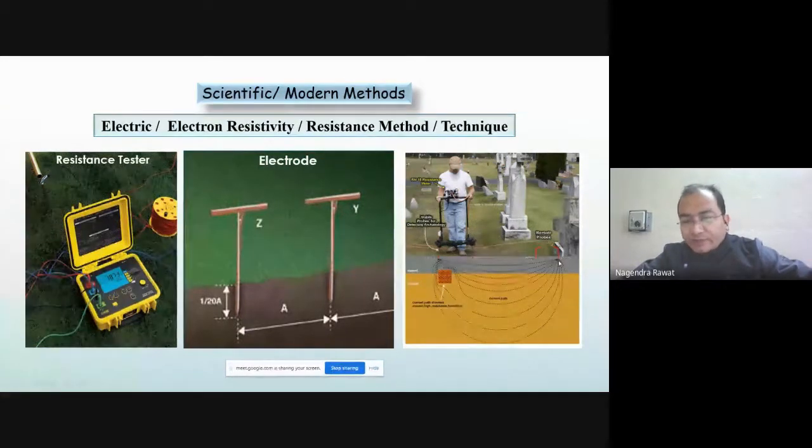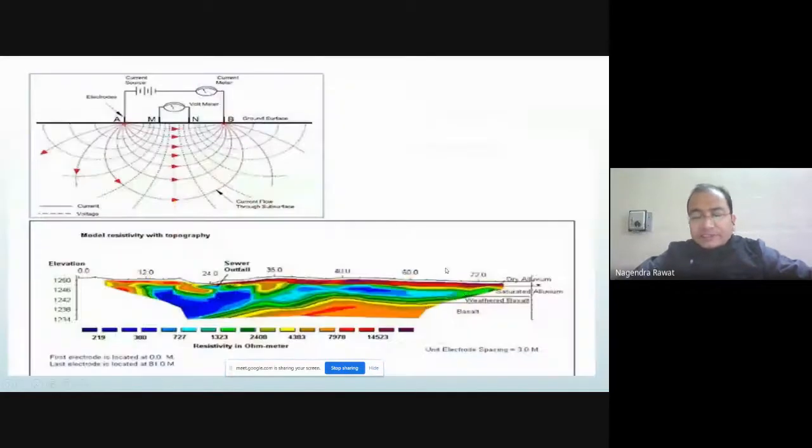The readings of this entire process are captured in the computer, which gives a picture of the area being surveyed. This kind of result we get after this electrical resistance analysis.